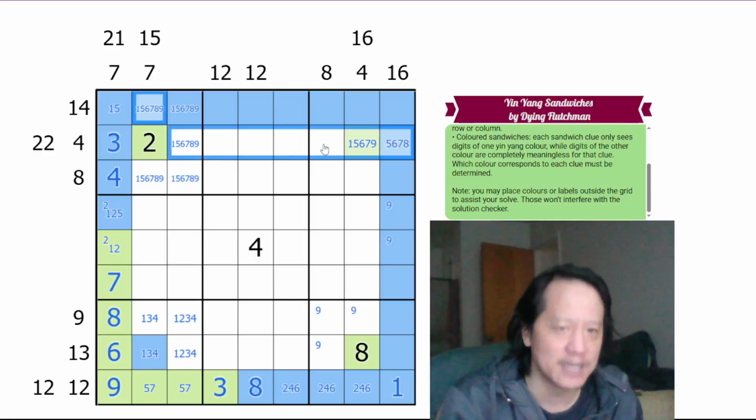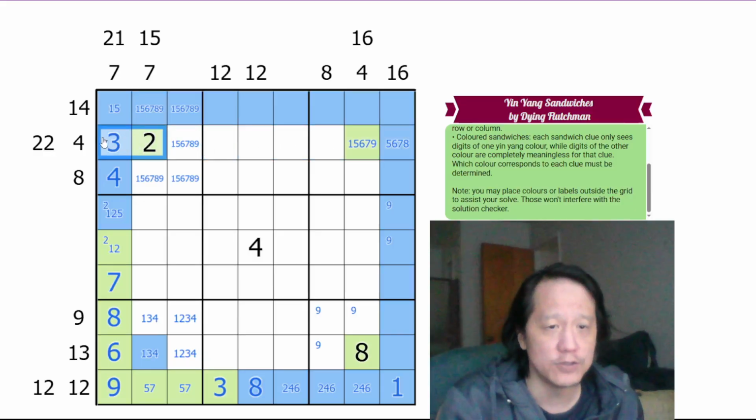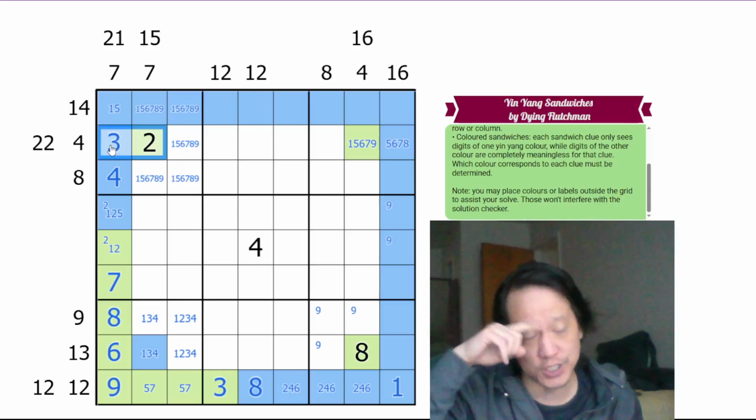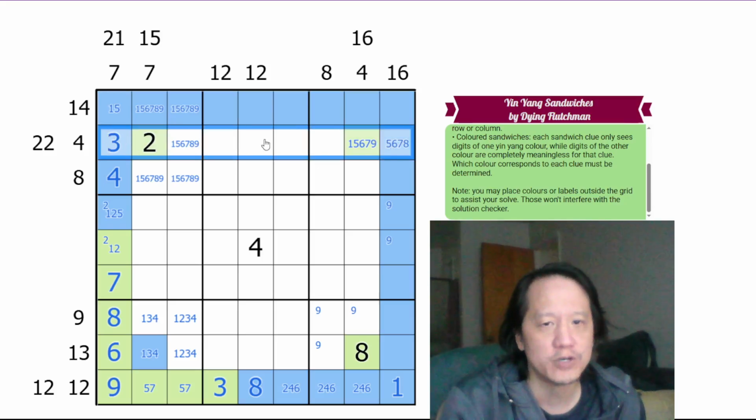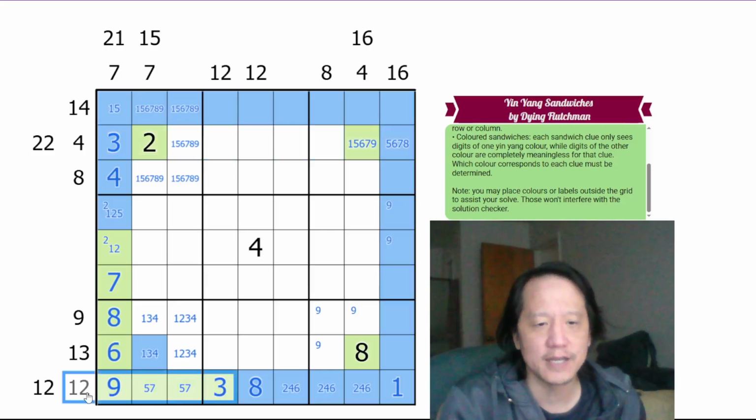So this cannot work because either 2 or 3 is going to have to be an additional digit, which means the crust cannot ever add up to 19. It's going to be greater than 19. So that means this cannot work. So this cannot be 5 and 7 here.